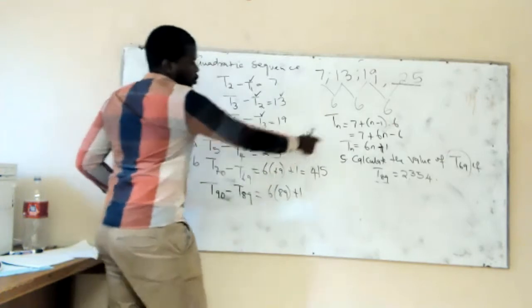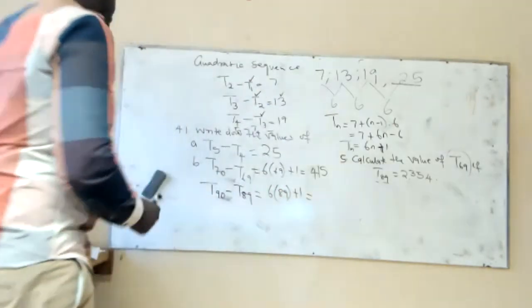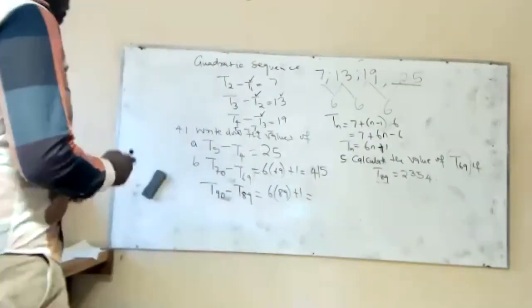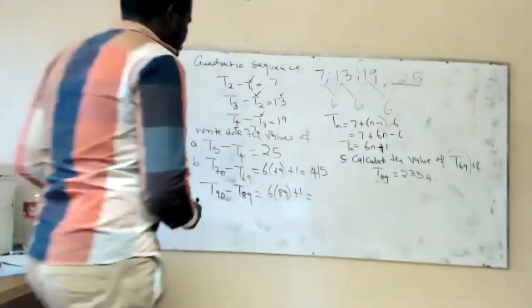We substitute this into that formula. Where we have n, we substitute 89. Can you tell me the answer we get when we substitute this? It is 535.